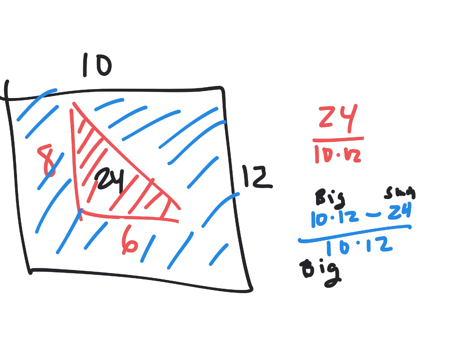So would you all figure out that answer for me for this problem? The blue shaded area. I kind of told you how to do it, but I didn't actually give you the answer.